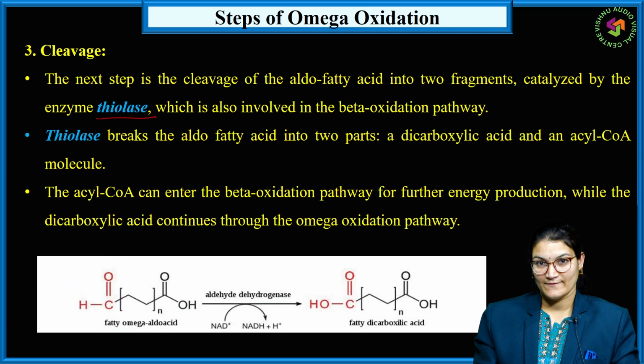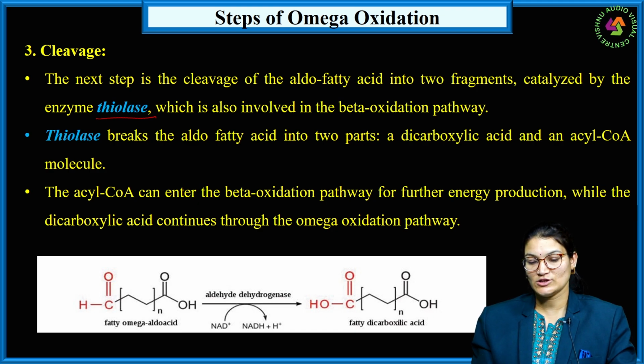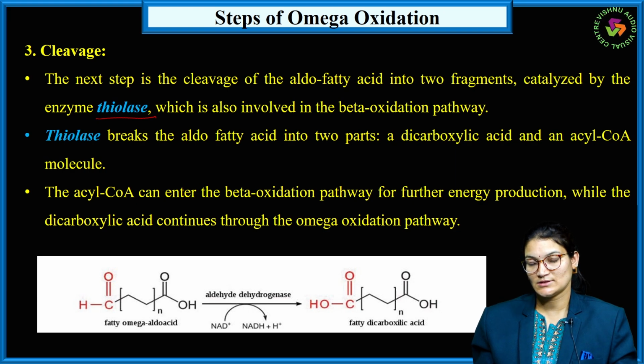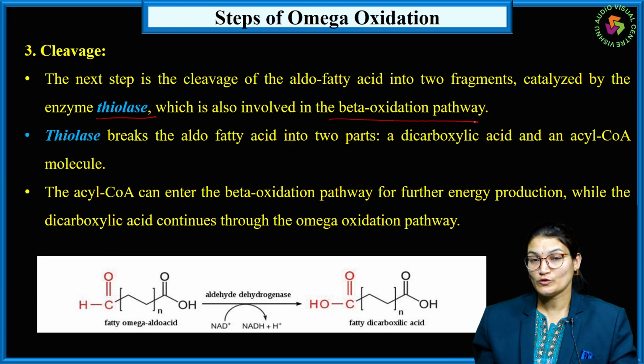The third step is cleavage. Cleavage is nothing but the breakdown of the fatty acid chain, and this cleavage step requires the thiolase enzyme for the progress of the cleavage. This is also the last step of the beta oxidation pathway, and you can see two fragments after this cleavage step.